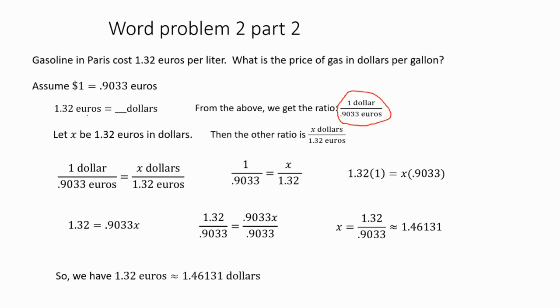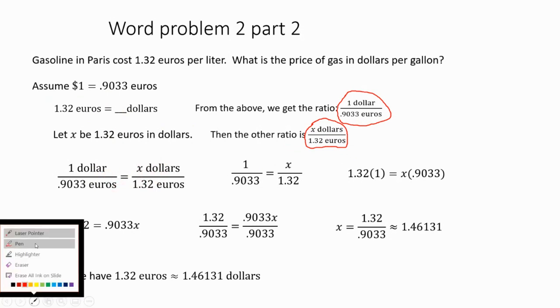The other ratio, the unknown, which is what I'm basically calling X. So X is basically this blank, so to say, over 1.32 euros. Okay, so we set them equal, that's what I'm doing down here. And now we solve.